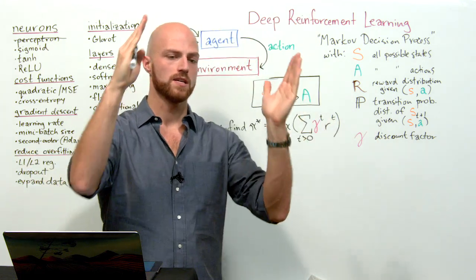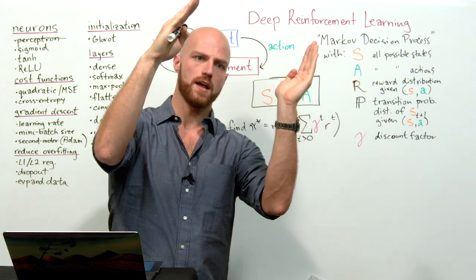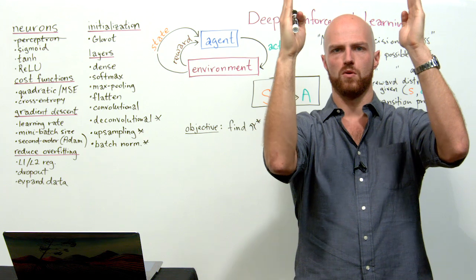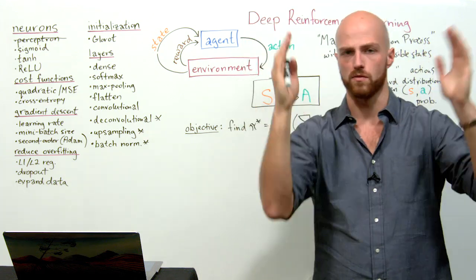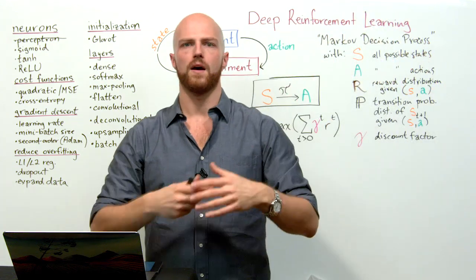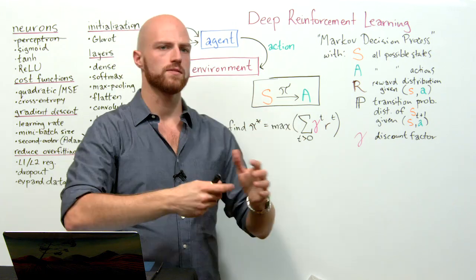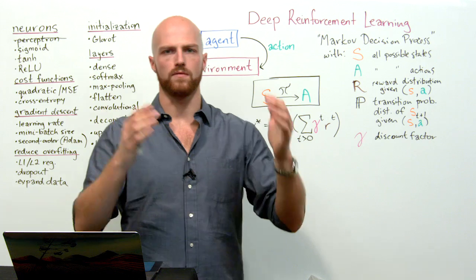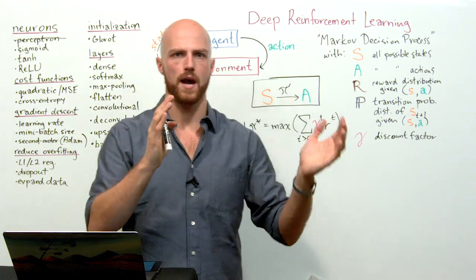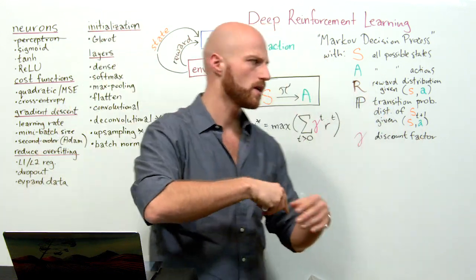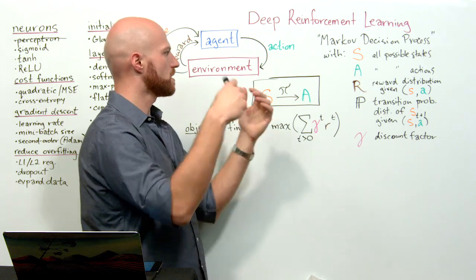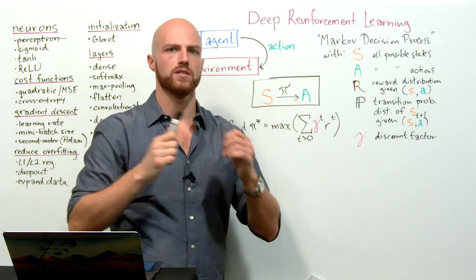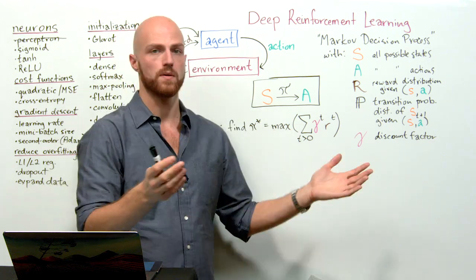But when the game starts, the pole is on some angle, and so we need to figure out, okay, how many steps should I move to the left to get the pole to stay upright, to keep us from dropping the pole. And so there's all these different states that we can have in the environment, all these different configurations of the cart with the pole on top of it, and how quickly the cart's moving, how quickly the pole's moving, all these various states. We need to come up with this overall optimal policy of what action to take. And that's how we win the game.